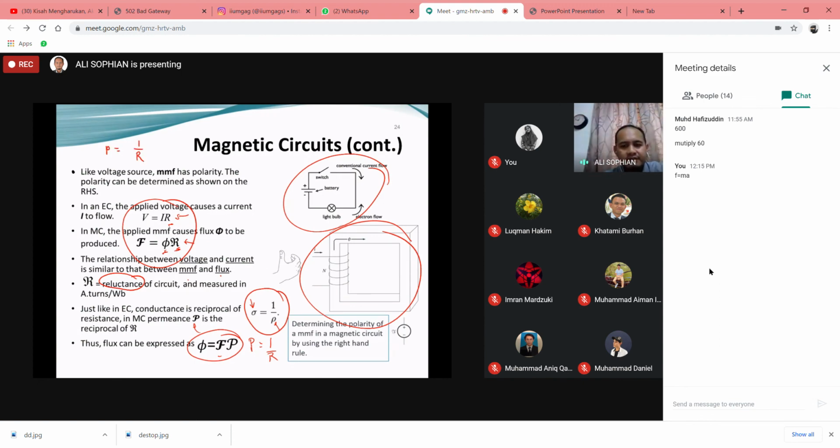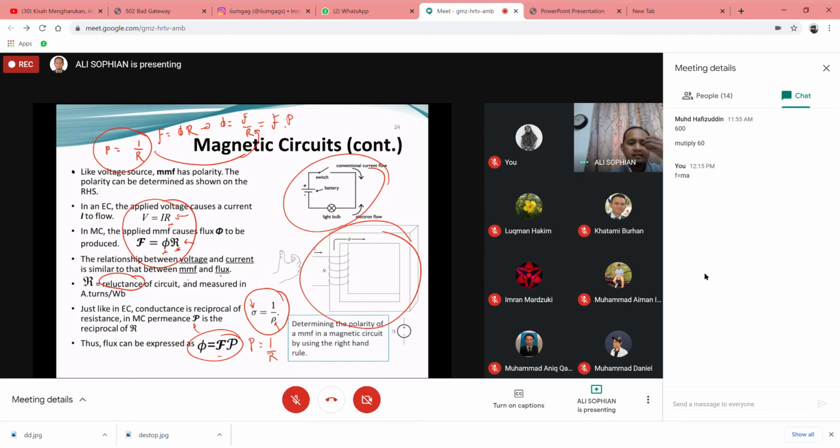And if you look at the flux itself, MMF equals flux times R. If you rearrange this, flux is equal to MMF divided by R. And from here, you can substitute R, so flux is equal to MMF times permeance.